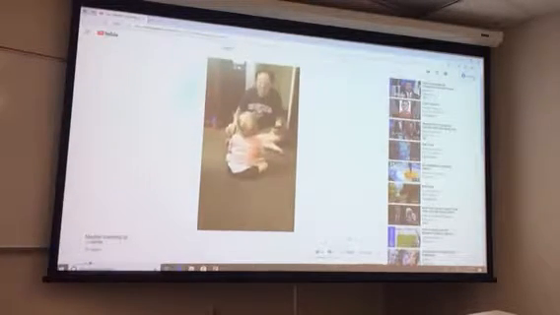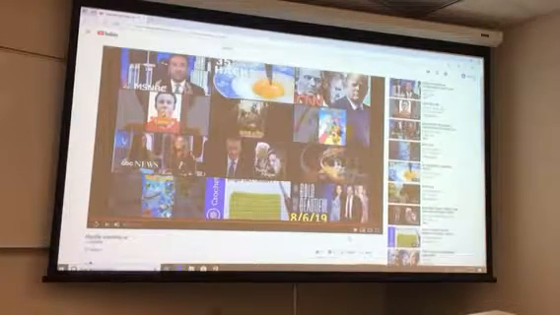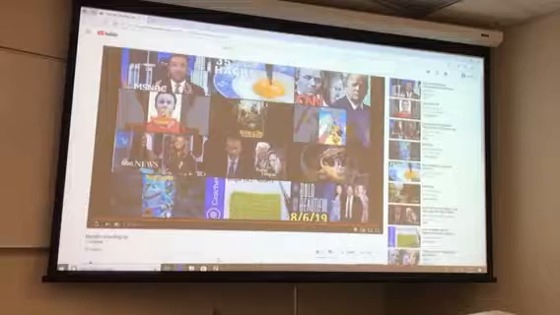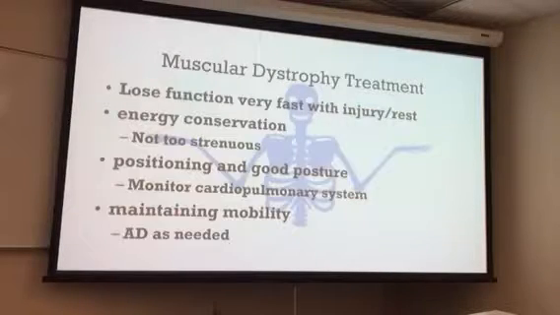So that is a normal way of standing up. So that use of the hands is what Gower's sign is all about, that lack of core stability in standing. Classic sign of muscular dystrophy.